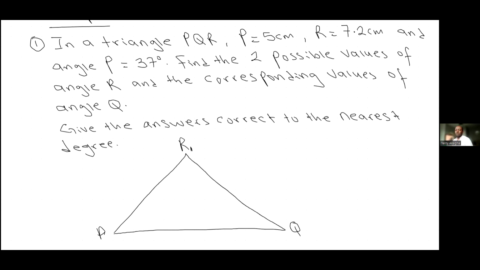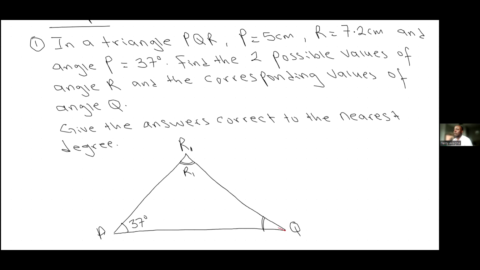Then we'll draw the other one. For this one, this is going to be angle Q, this is R1, and this is angle P. Angle P was 37 degrees. But it's also possible that angle R has two possible values, so you could have another triangle, like we did in the combination.